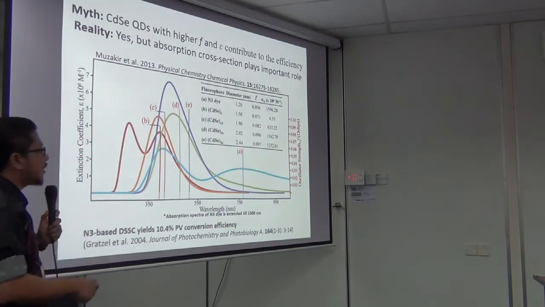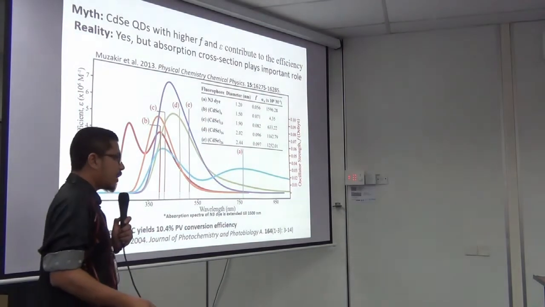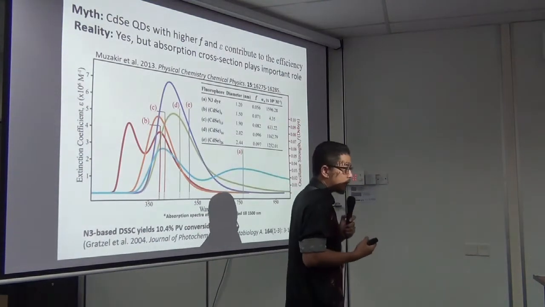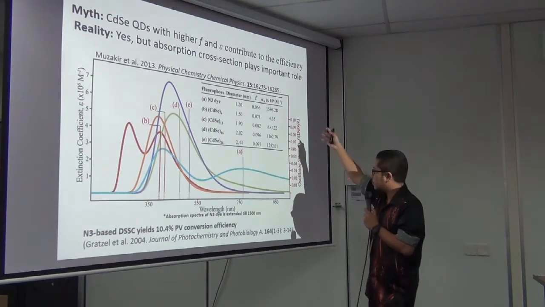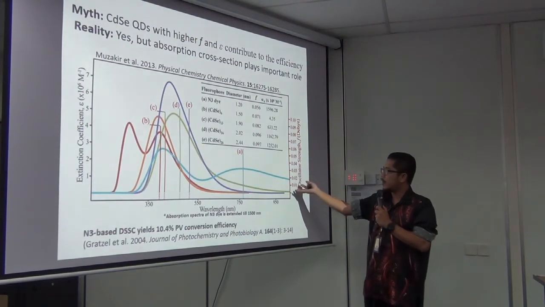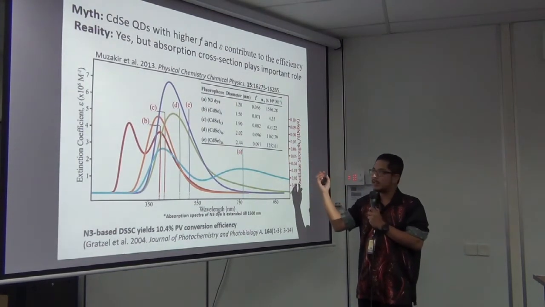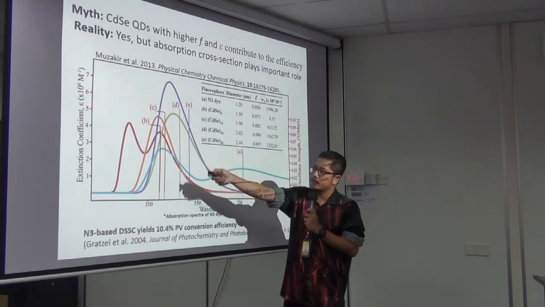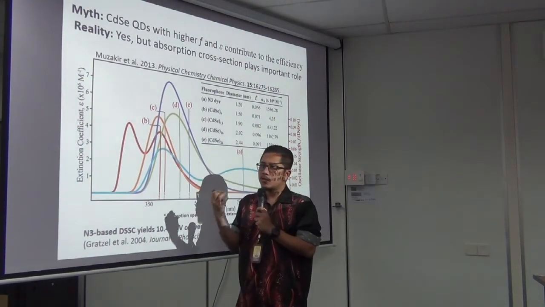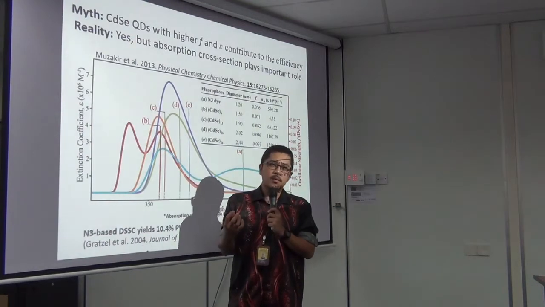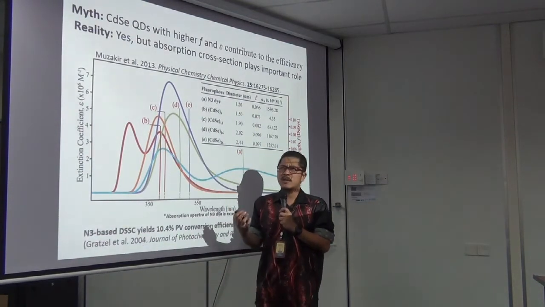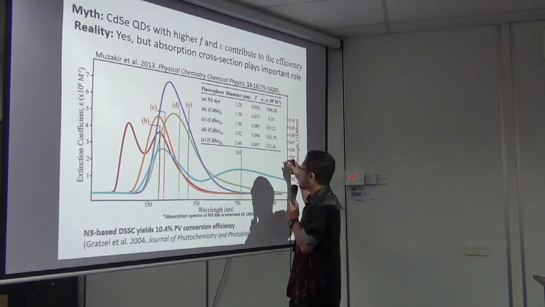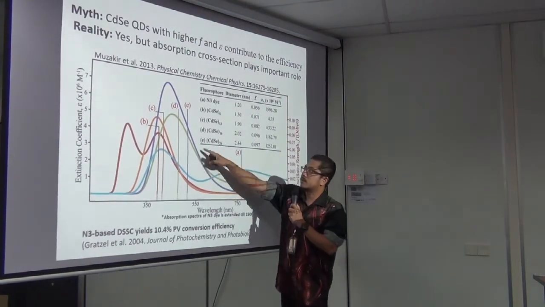The extinction coefficient. Extinction coefficient is how strongly your material will absorb the sunlight. This one is how strongly the electron in your material vibrates when they absorb sunlight, and that axis indicates how strongly your material can absorb sunlight.